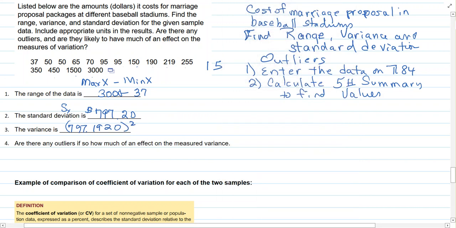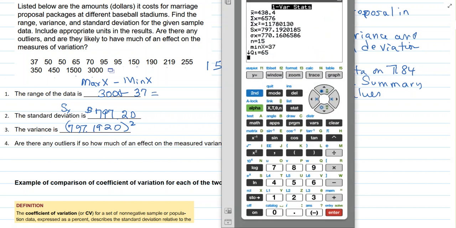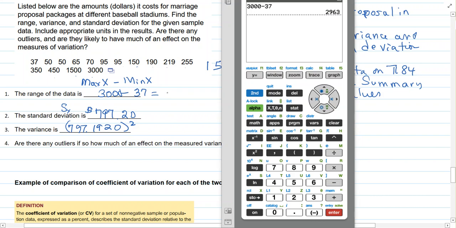All right, so now I'm going to do my range, and I'm going to have the 3,000 minus the 37, and it's dollars. So the range is $2,963. That's pretty much a span. And you saw that the standard deviation is large as well.